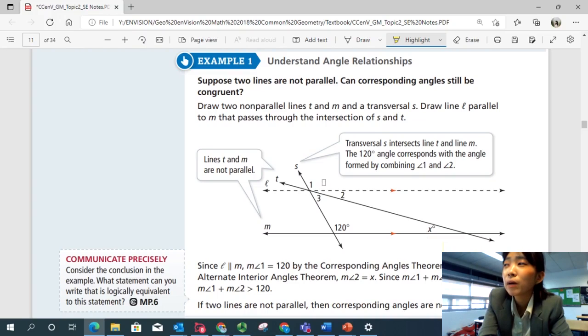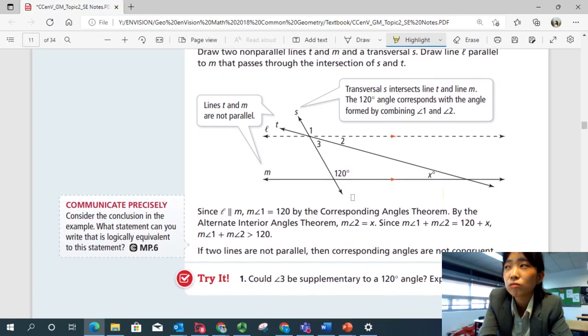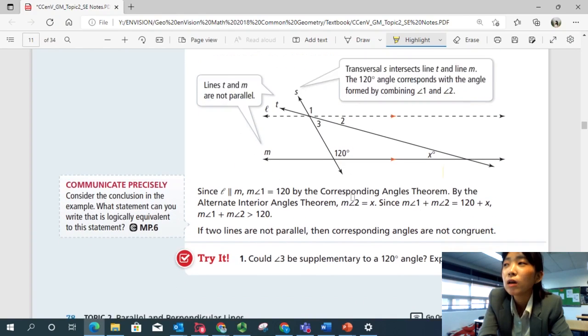Since the measure of angle 1 plus the measure of angle 2 is equal to 120 degrees plus x, we can say that the measure of angles 1 and 2 added together is greater than 120. If two lines are not parallel, then corresponding angles are not congruent. So they're not congruent.